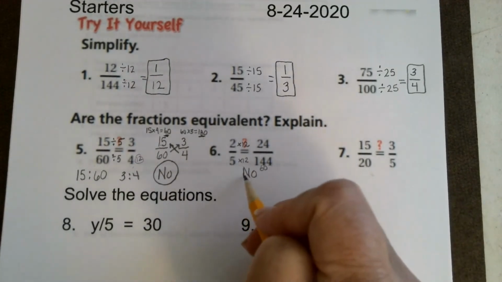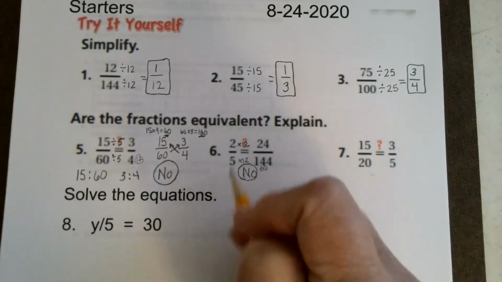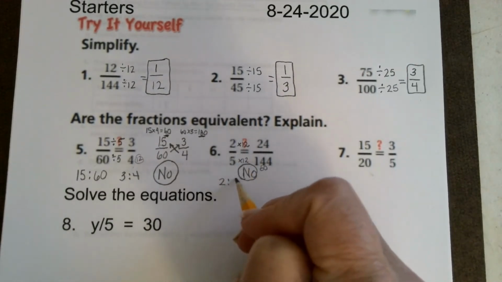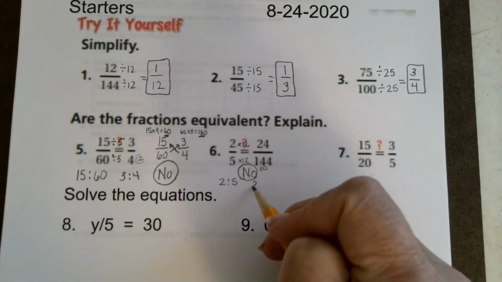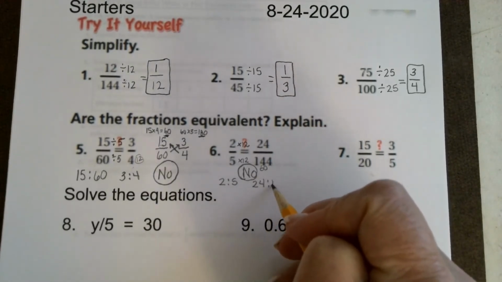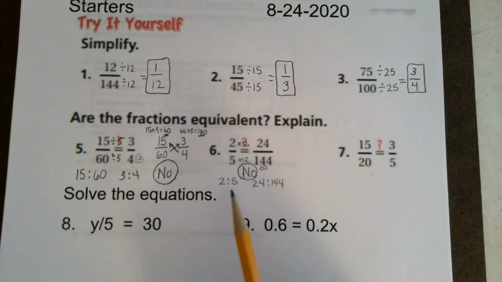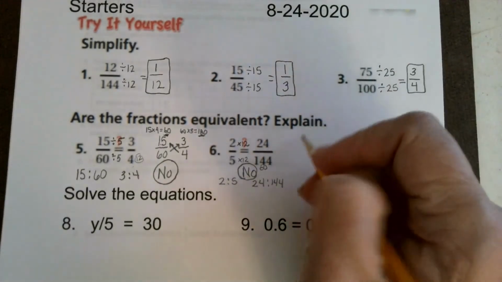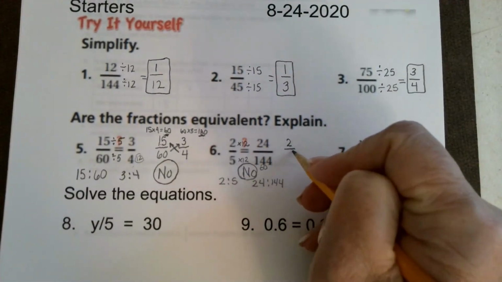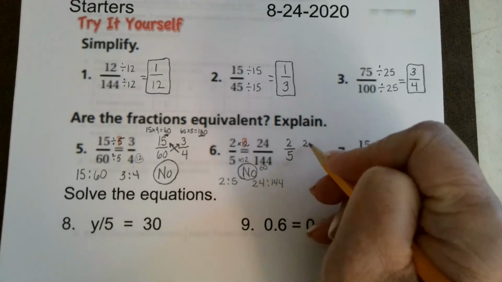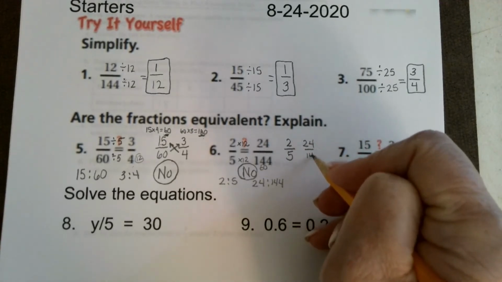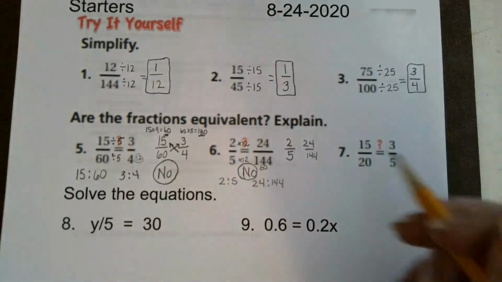And remember that that could be written as 2 to 5 and 24 to 144. And then we just change them into fractions. Instead of writing them as a ratio this way, we can write them as a ratio this way. Or what I think is the easier way is to cross multiply.